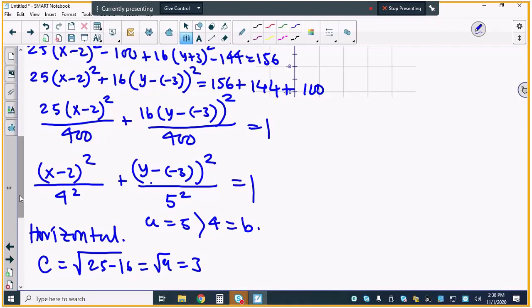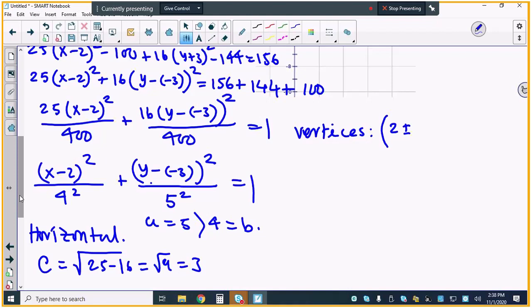This helps us find the vertices, 2 of them. So vertices are going to be h. This time you're changing the value of h only, not the k. So it's h plus or minus a. So I'm going to say h is 2 for us, plus or minus.